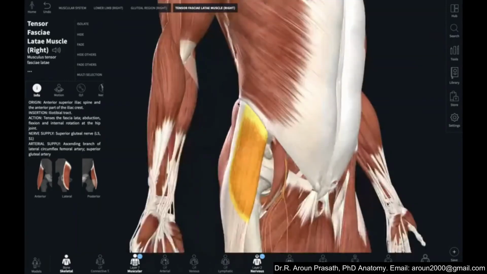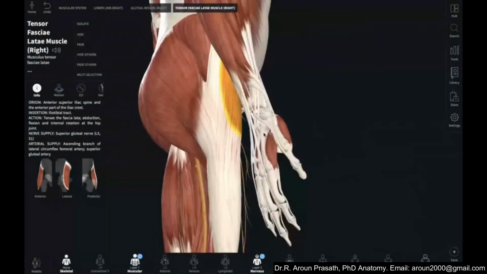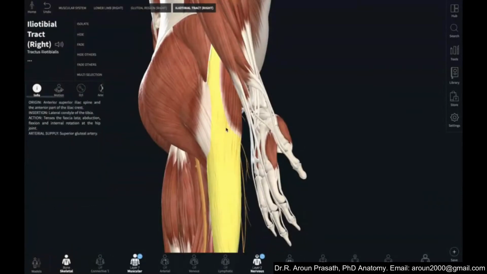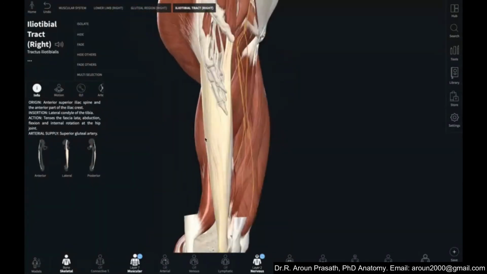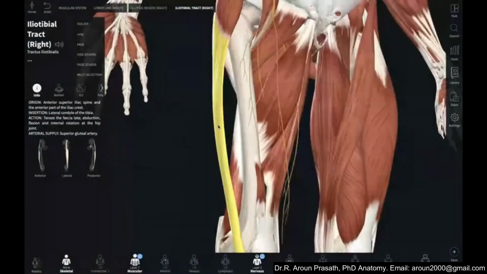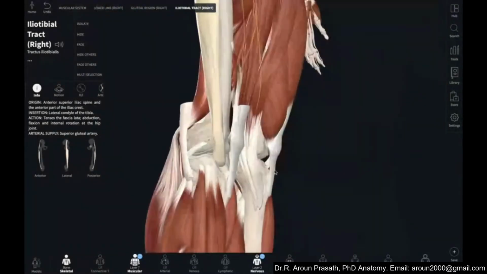It changes into a flat aponeurosis, and then it comes down as a flat aponeurosis and takes the name iliotibial tract.